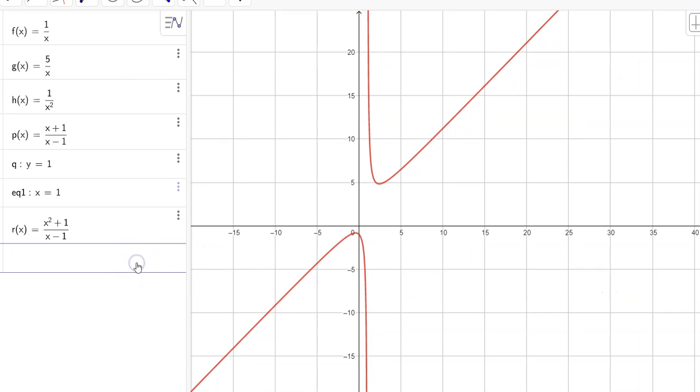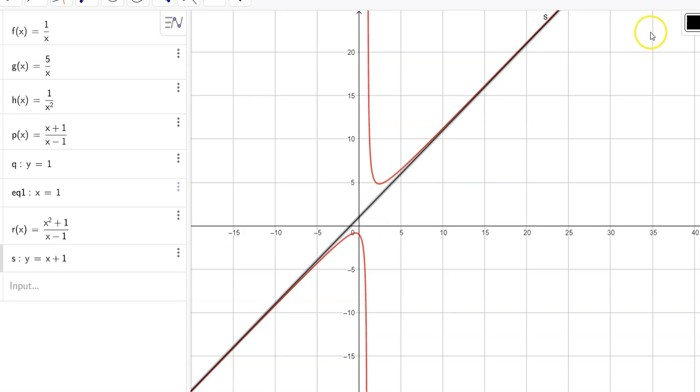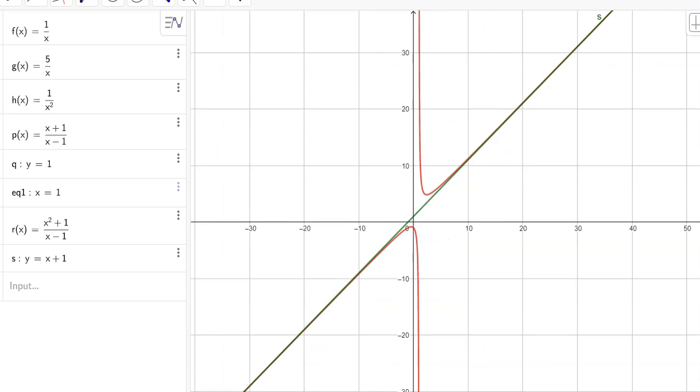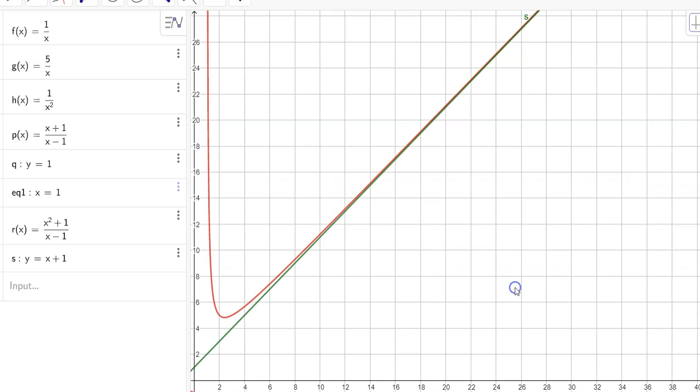And then one sees that it has an asymptote that is x plus 1, the straight line x plus 1. So if we change the color for that to green, we see that our function approaches this green line when x goes to infinity and x goes to minus infinity. So that is called an oblique asymptote.